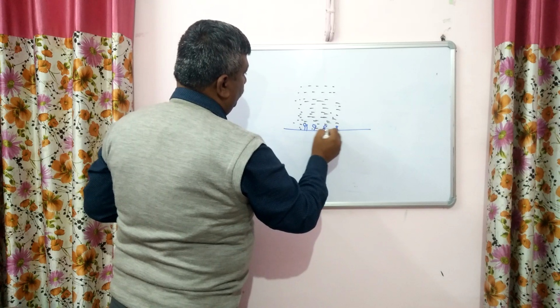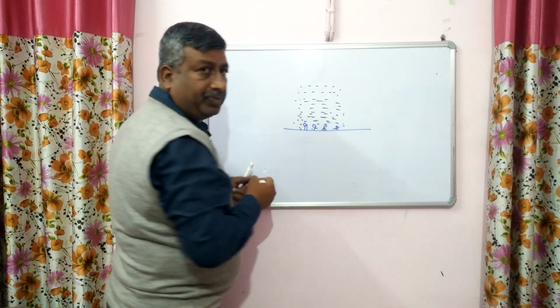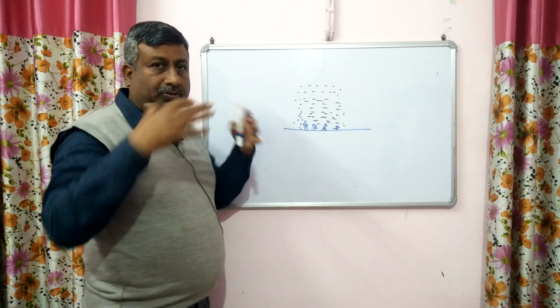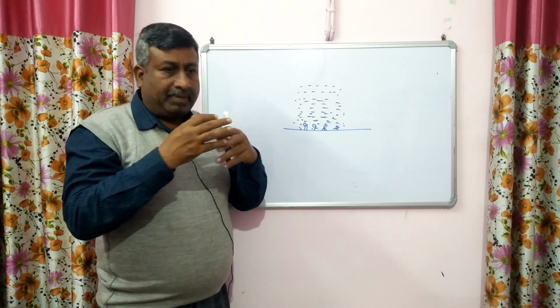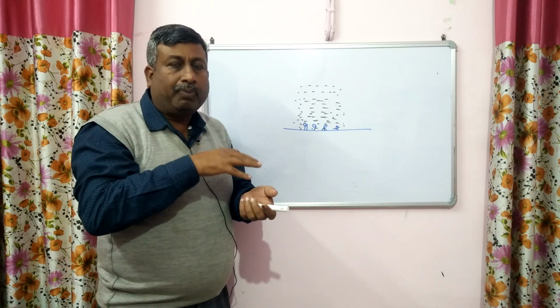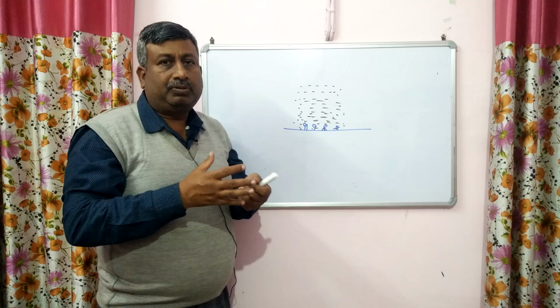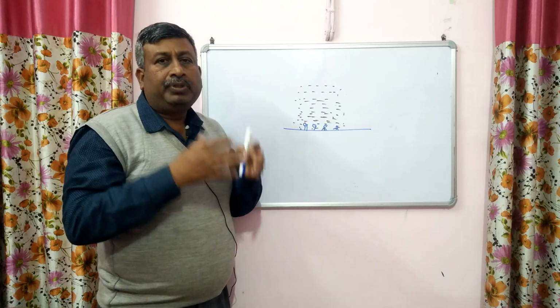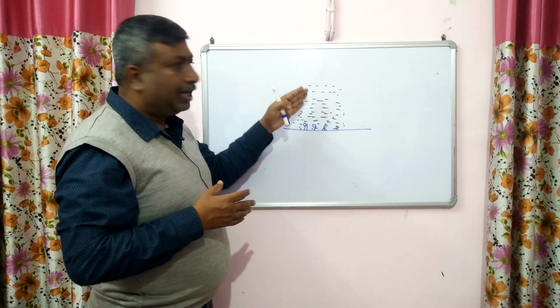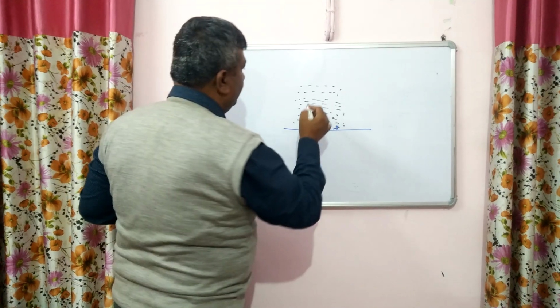Okay, so we face a pressure by the atmosphere on our body. The atmosphere is surrounding my body, and this air is exerting pressure on my body. That is atmospheric pressure. So all the bodies on the earth face atmospheric pressure, and the atmosphere is gases.